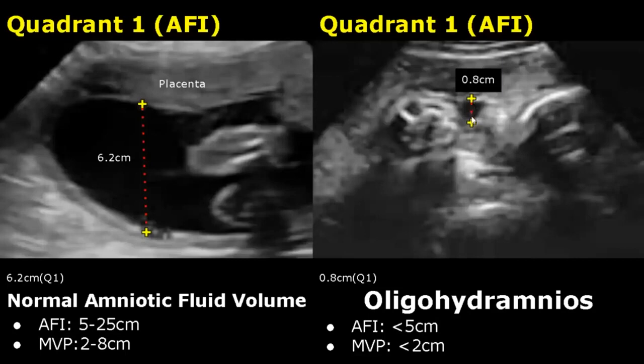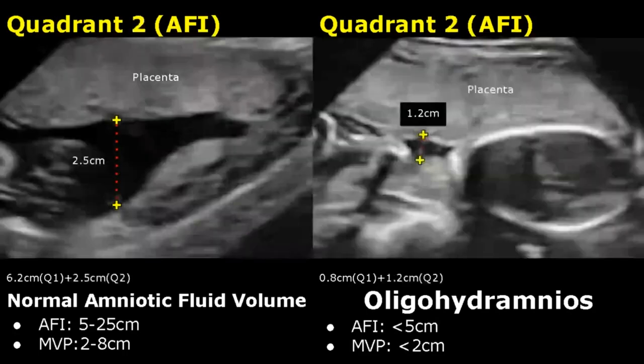The quadrant 1 measurement is only 0.8 centimeters. In quadrant 2, the deepest pocket measurement is 2.5 centimeters for the normal fluid volume. In this image, the quadrant 2 measurement is 1.2 centimeters. It is another small pocket of fluid.